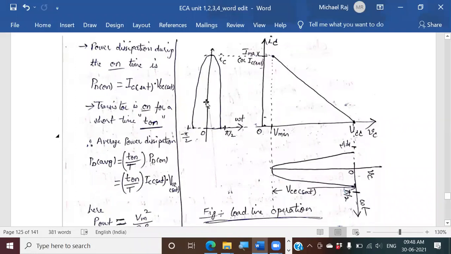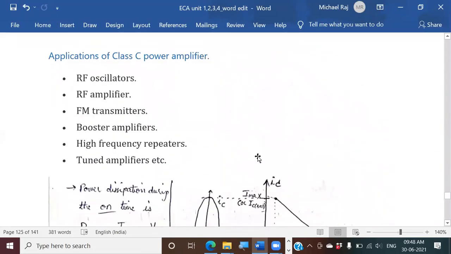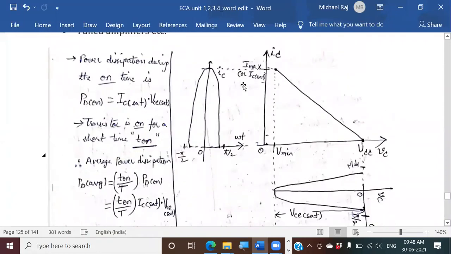It is Imax, or some textbooks call it IC sat. Saturation means we cannot amplify beyond that point; the signal will be clipped.